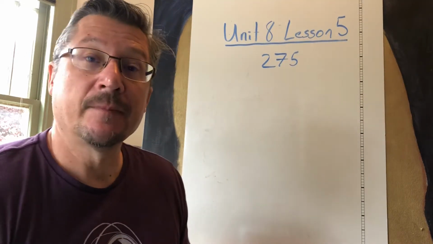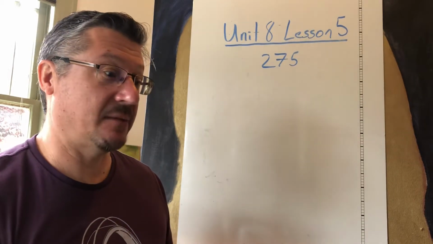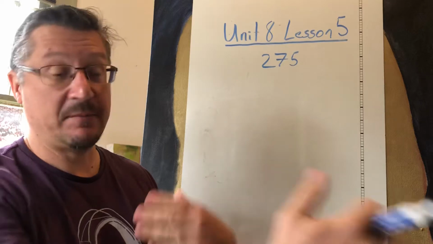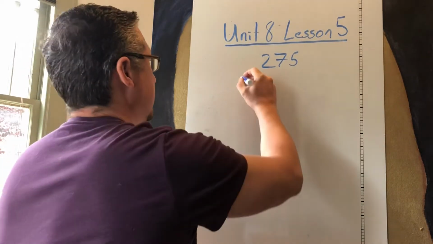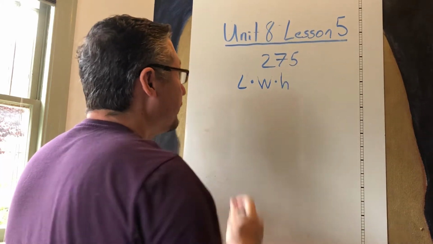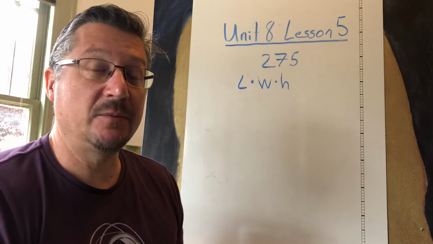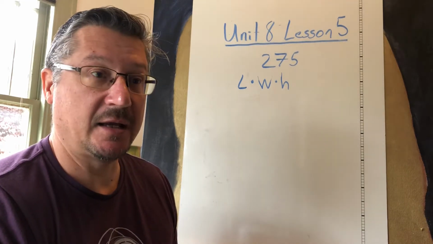So volume is how much space something takes in three-dimensional space. The formula for volume is length times width times height. Examples of volume would be soda, which you buy in liters and gallons.